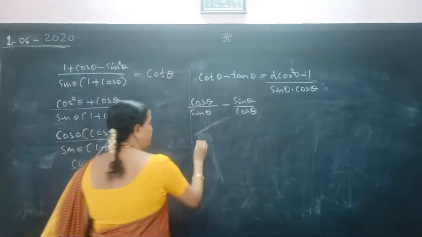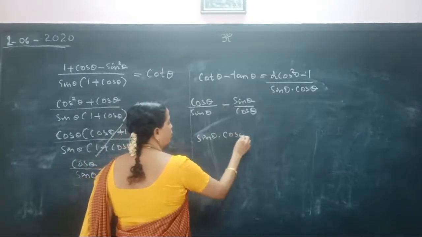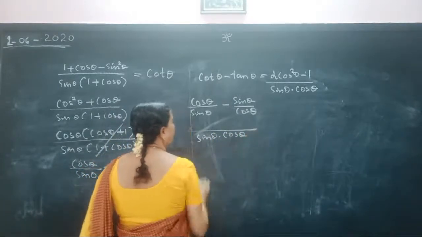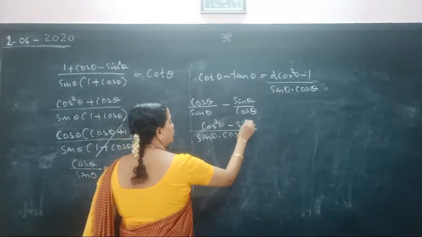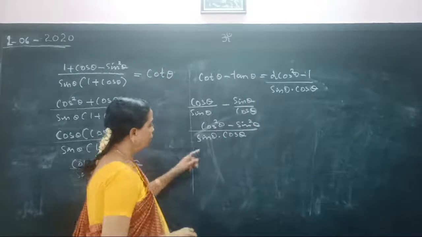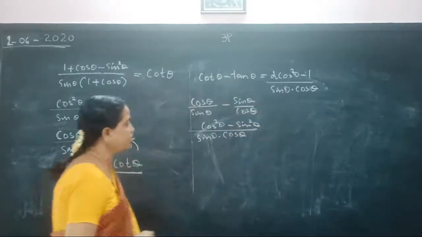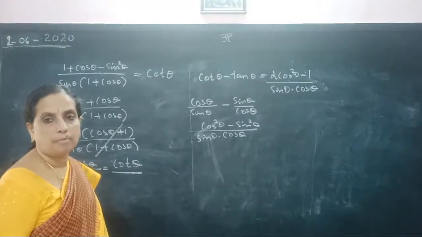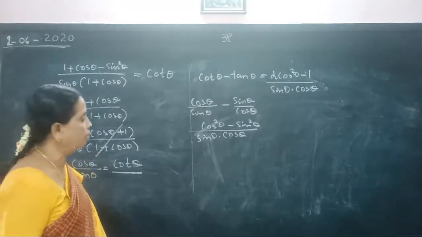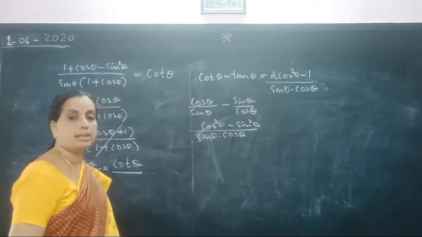So the next step is taking the LCM: sin theta into cos theta. What you will get? Cos square theta minus sin square theta. The denominator is okay, but the numerator is not satisfying. What next can we do? Can we write sin in terms of cos?